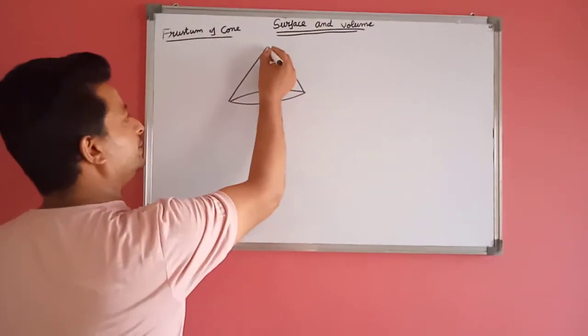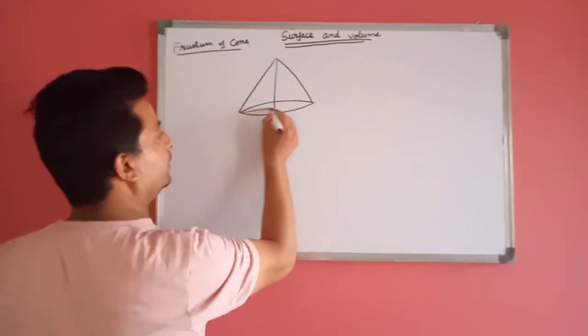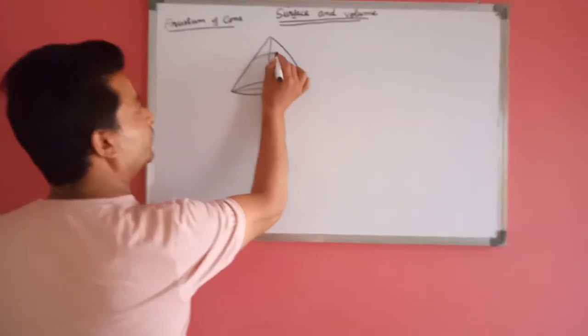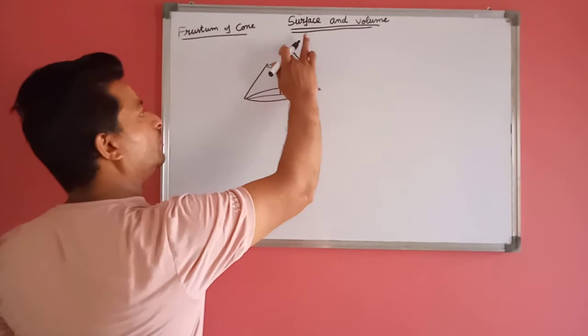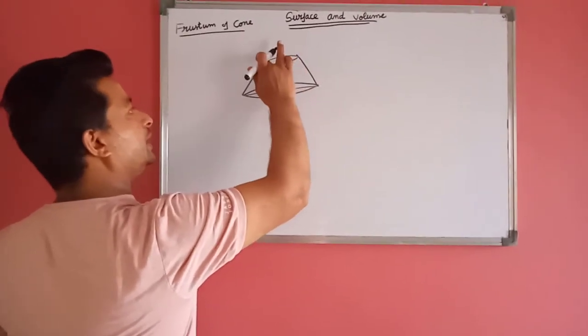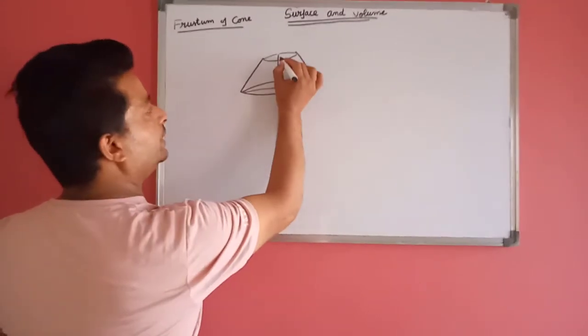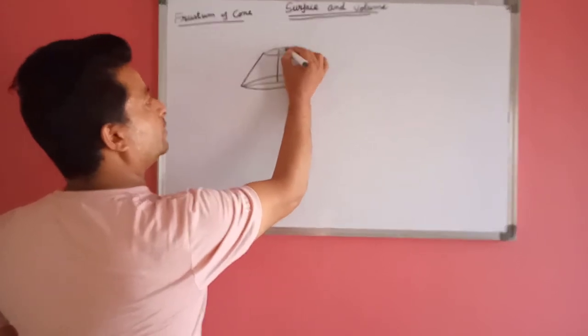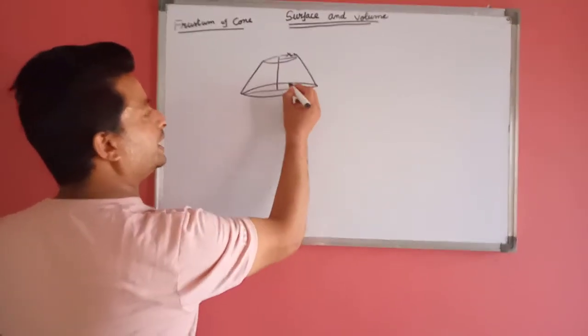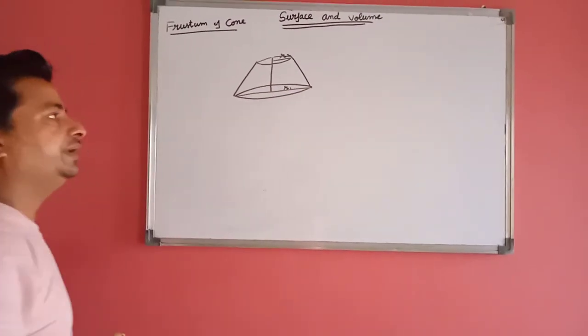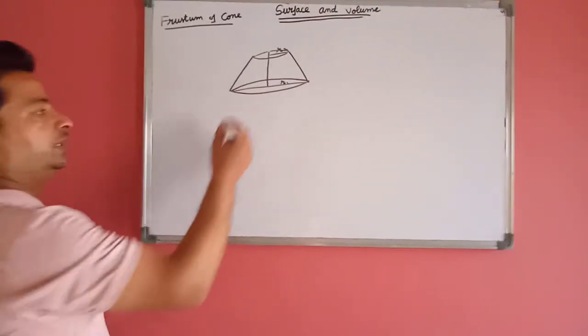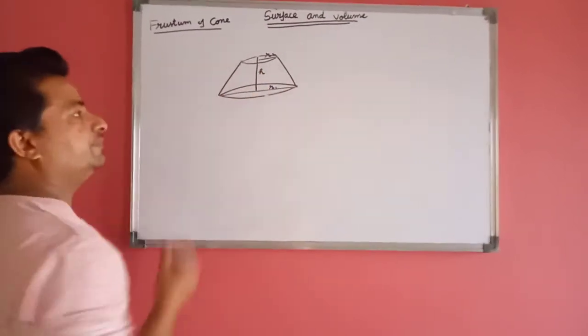If we cut this cone from here, then we get a frustum of cone. This is called frustum of cone. This is the radius of closed side, we take as R2. This is the radius of open side, we take it as R1. This is called height of frustum.